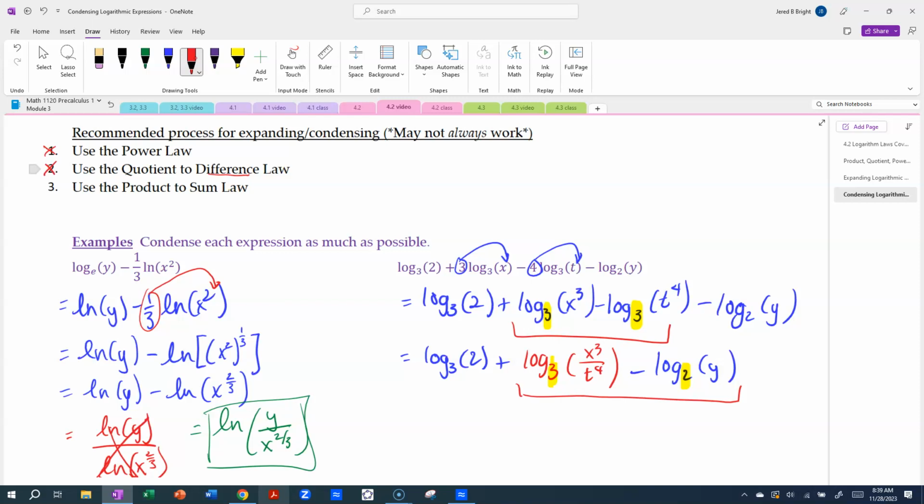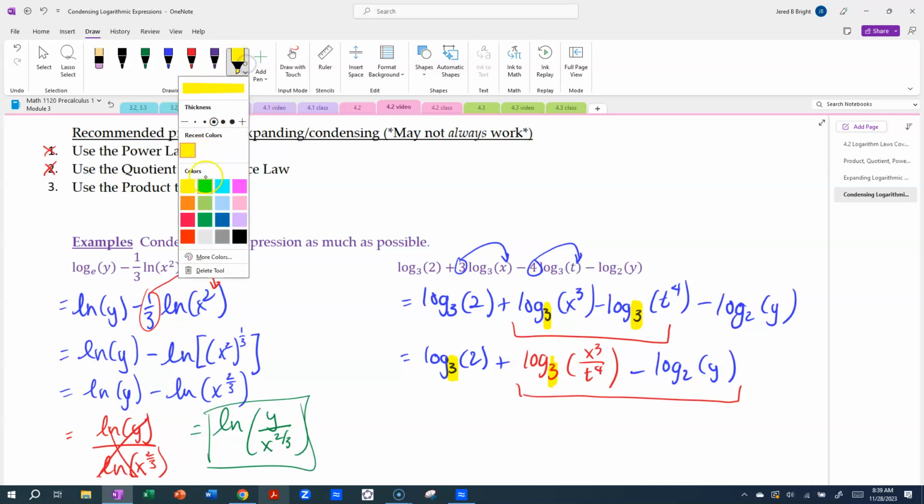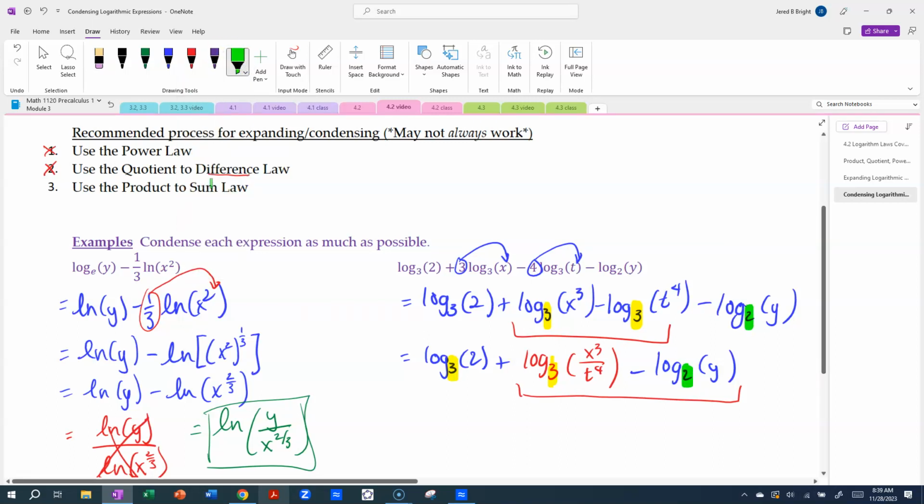So then I'm left with the product of sum. Do I have 2 logarithms that are being added? If I do, that can be represented as a product inside of a log. And the answer is yes, I do have that between these two, and I'm going to note that one in a different color.